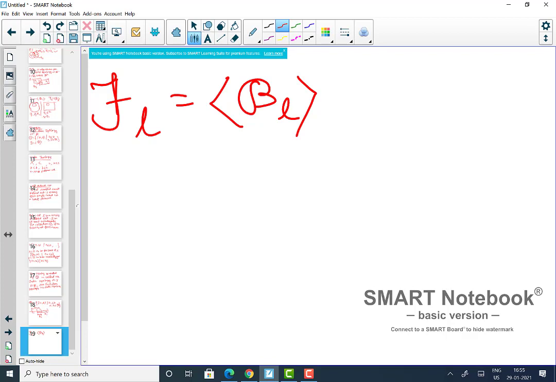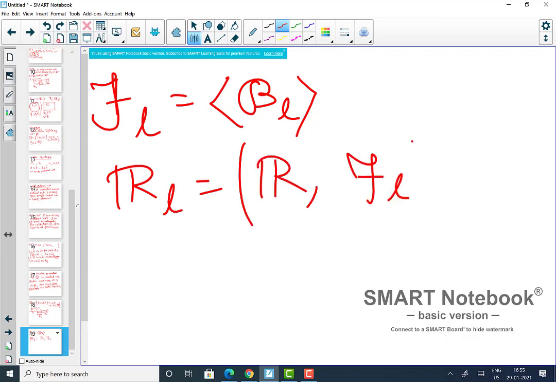What does that mean? That means it contains all the open sets which are any kind of union of elements from BL. And RL is nothing but R with this topology. The moment I say RL, I mean the real numbers with this topology, and this topology is called the lower limit topology.